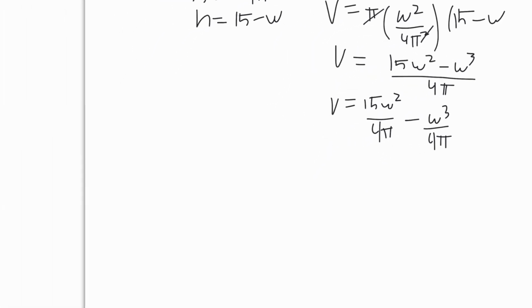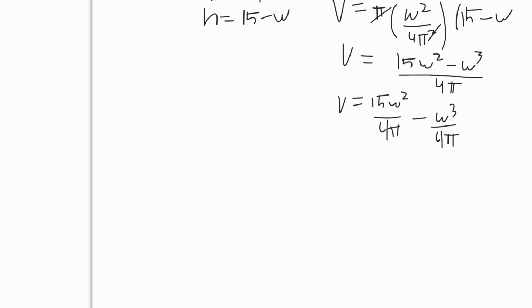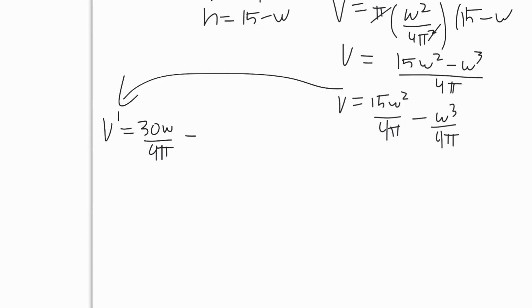So let's put that over here, and we're going to do some calculus on it. I'm just going to make some space. V prime is equal to, well, I'll get 30w over 4 pi. Again, we have a denominator that is just a regular number, so it's a constant. We don't have to do the quotient rule there.